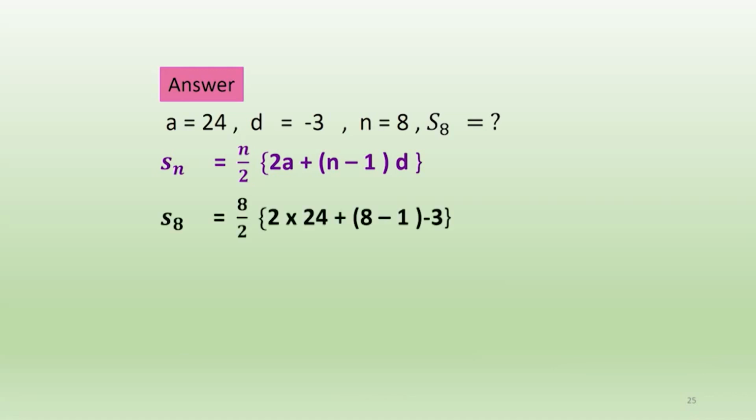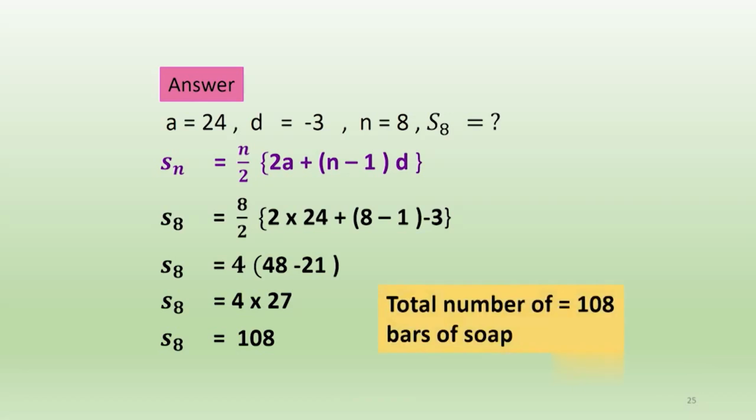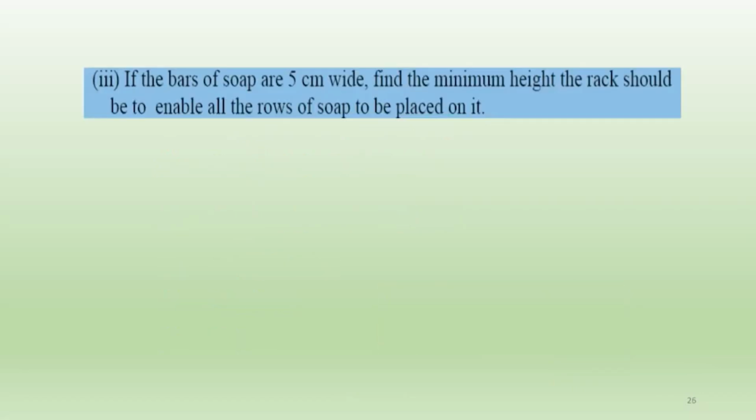How do we find S8? By substituting them, and we have to simplify them correctly by considering the minus sign too, and we got 108 as the total number of soap bars up to the 8th row. Okay, 108.